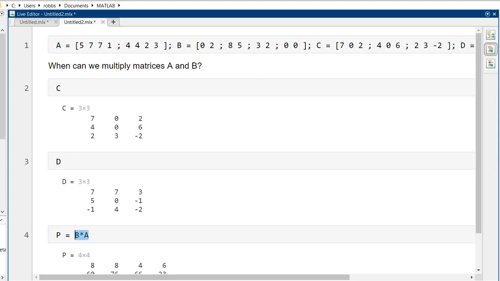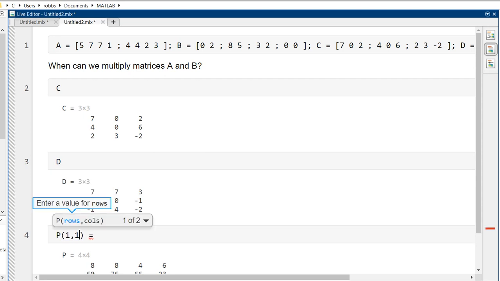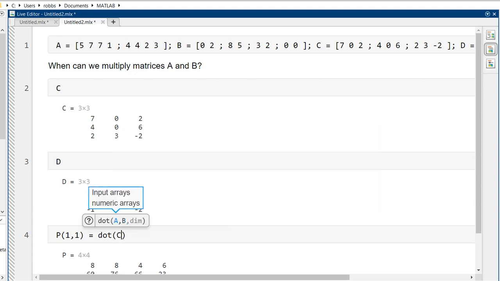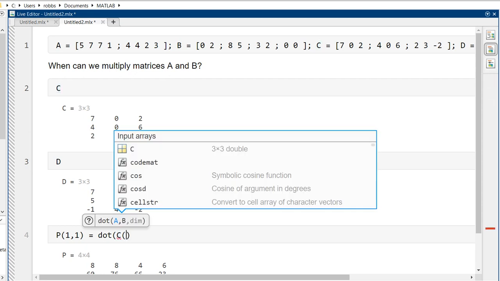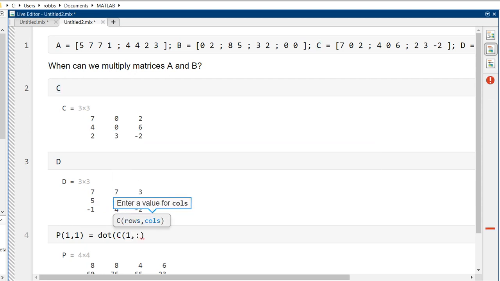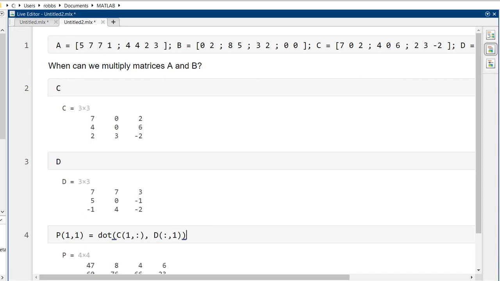And again, entry 1,1 in the product matrix is the dot product of row 1 in C dotted with the first column of D. And let's try that.